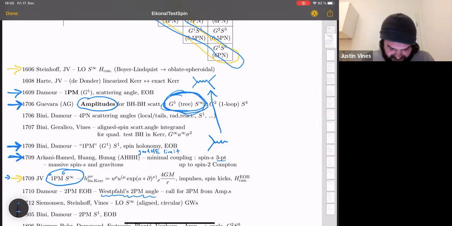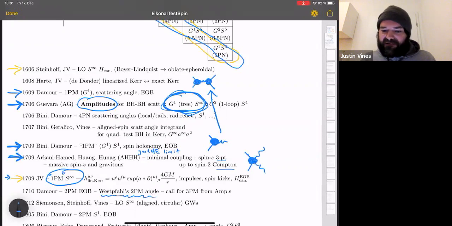In that same paper by AHH, they talked about the Compton amplitude. Sorry, so these should be amplitudes, not vertices. Really, these are cuts. They talked about this so-called Compton amplitude with 2 massive spinning guys and 2 gravitons. Of course, both of these papers also talked about photons instead of gravitons, but only up to spin 2, not for arbitrary spin.